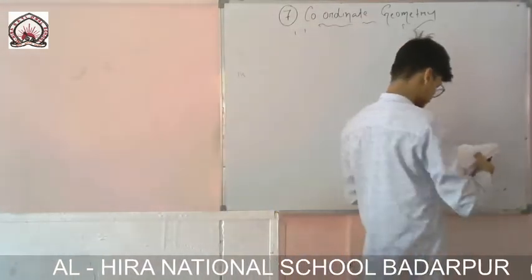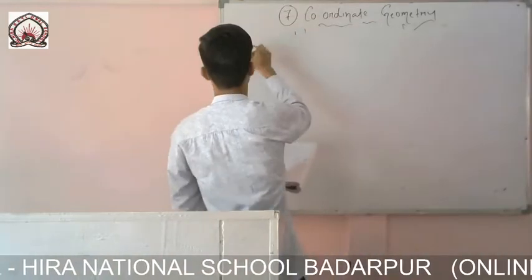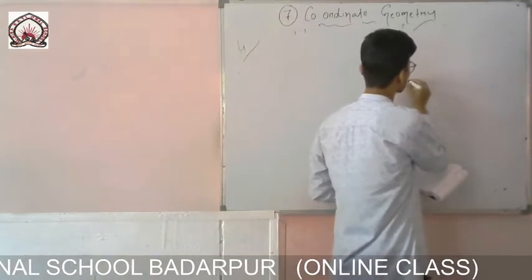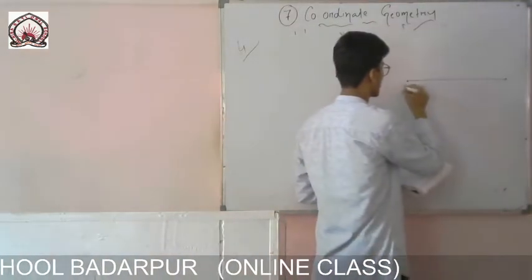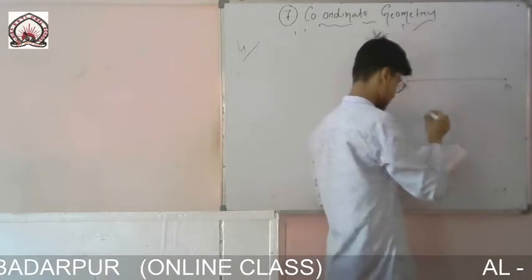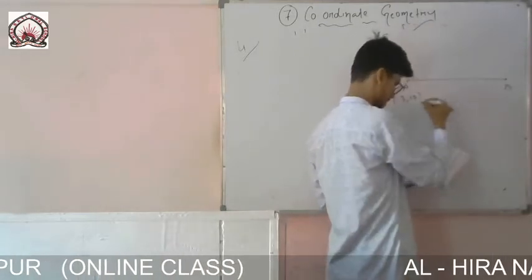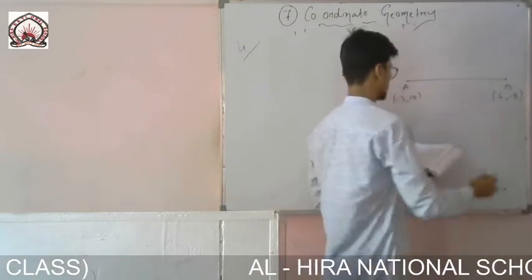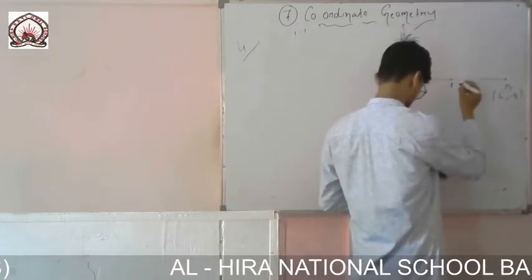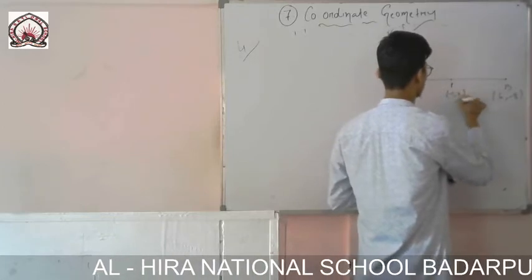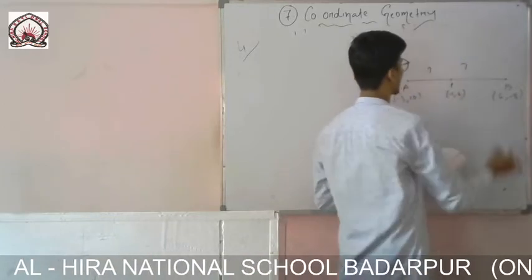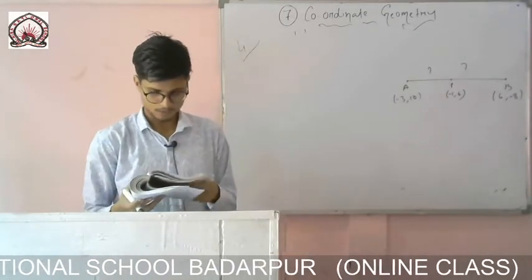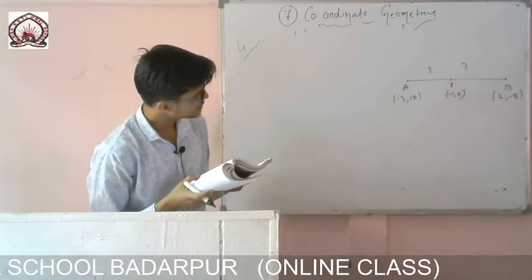You see, question number 4, the coordinates of the line are given. A, B, if I write, then there it is minus 3 comma 10, then there it is 6 comma minus 8, and the coordinate of this point is also given, it is minus 1 comma 6. So the question is to find the ratio at which this line is divided.